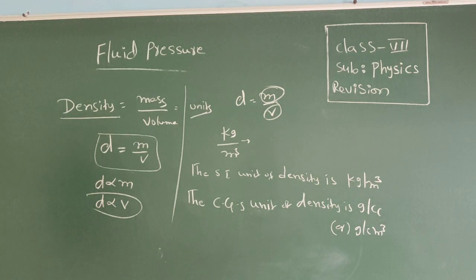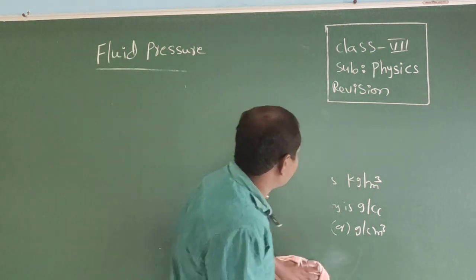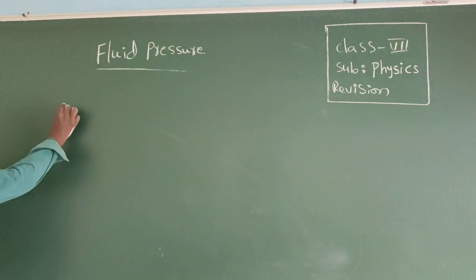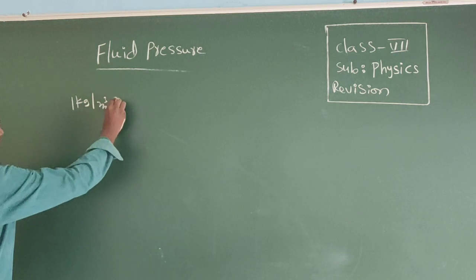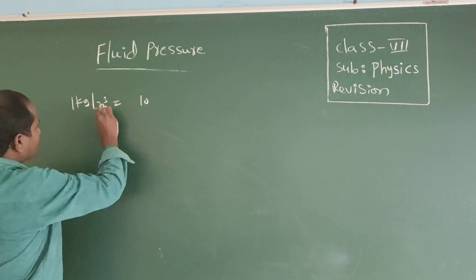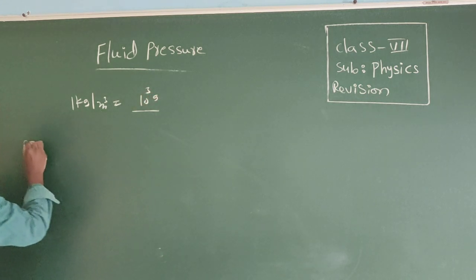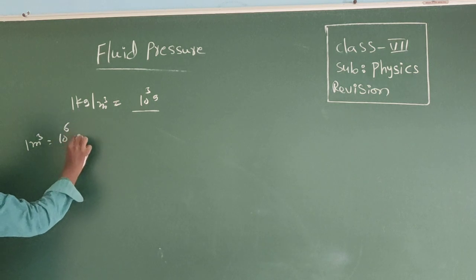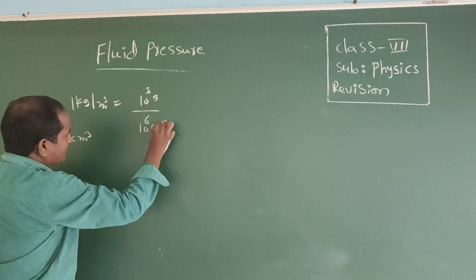Now the relation between SI and CGS units of density. Kg per meter cube: convert into grams, 10 power 3 grams by 1 meter cube, which equals 10 power 6 centimeter cube.